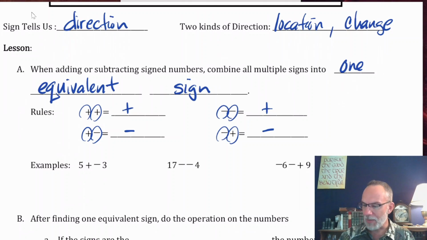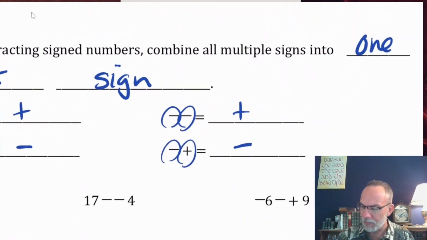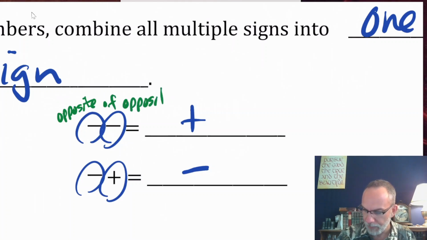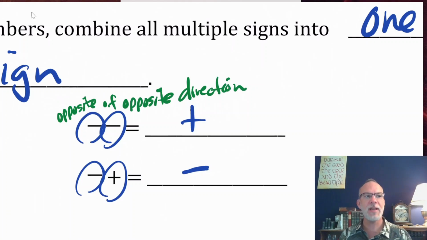But now let's talk about, why is a negative times a negative positive? Remember, sign means direction and negative means the opposite. So what this really means here, when you have a negative of a negative, is it means the opposite of opposite direction. And so if I face to the, I'm trying to think about how the orientation is on the camera.